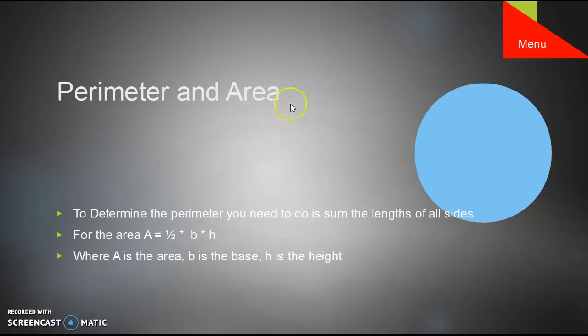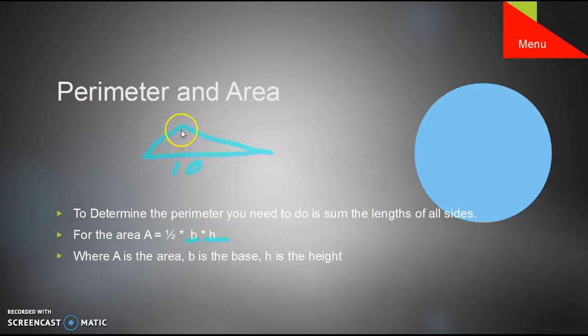So we have this triangle here. So the question is, what is the base and what is the height? So the base is whatever side you're given. So in this case, this will be the base. We'll say it has a length of 10.